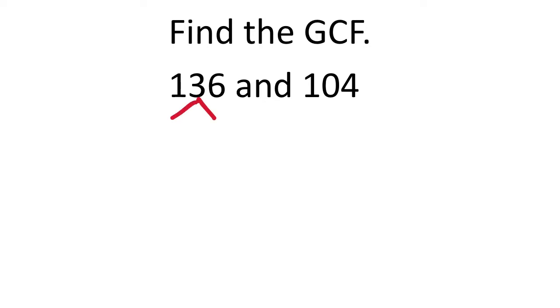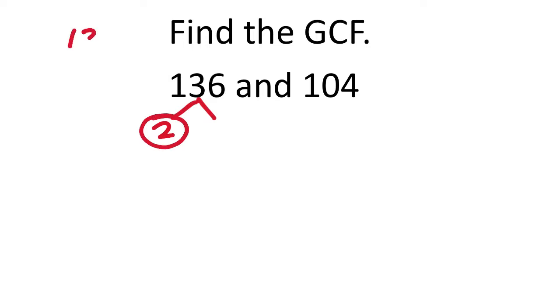Okay, I'd say 136. Again, if you got your multiplication tables down, you could find other stuff. But the first thing I would notice here, because I don't know my multiplication tables up to 136, I'd say, oh, look, it's got an even number in the ones place value, so I know it is divisible by 2. Now, I don't know what to multiply 2 by to get 136.